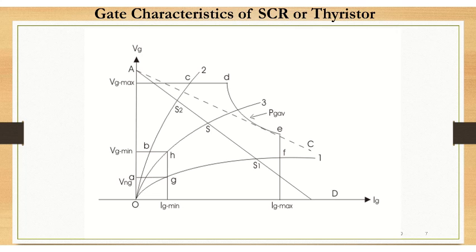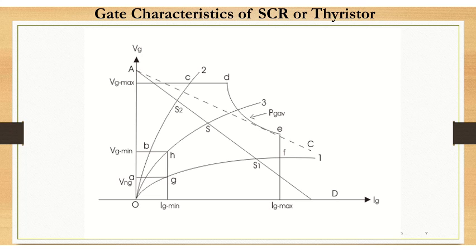If you observe the safe region where you can use your SCR, from the figure it is clear that the safe operating area of the SCR is B, C, D, E, F, G, H and B, closing it. So any voltage and current values falling within this area are in the safe operating area of the SCR.